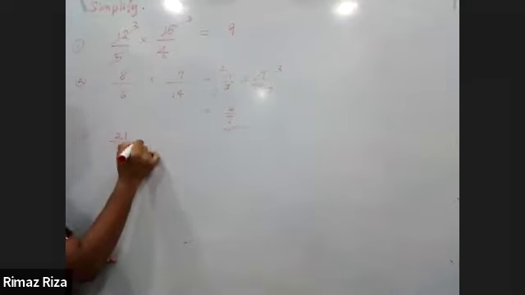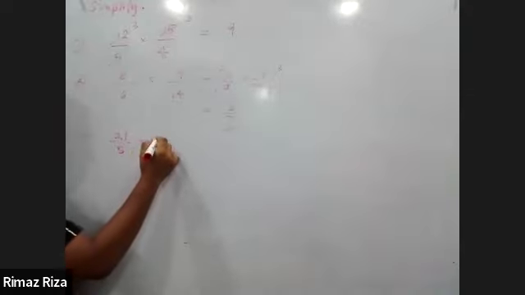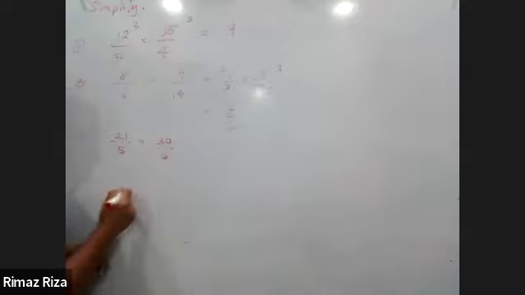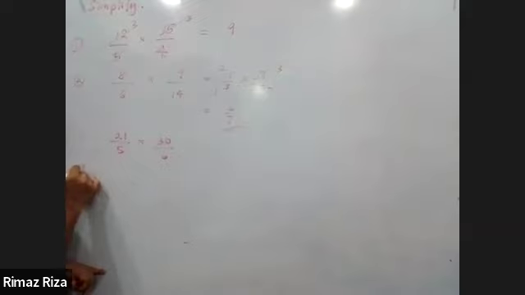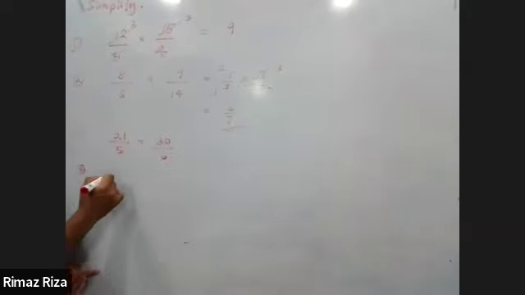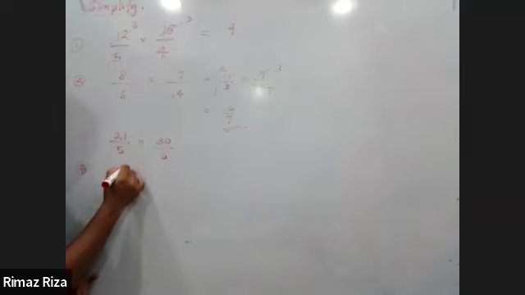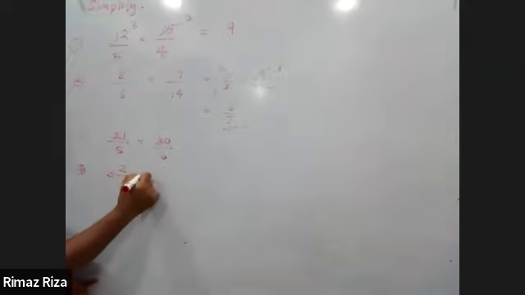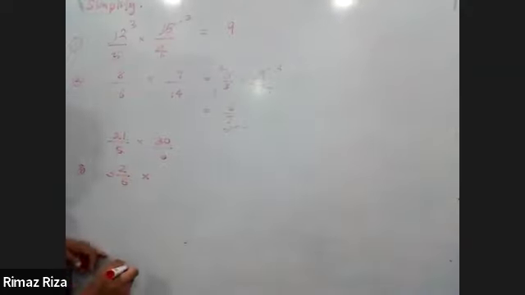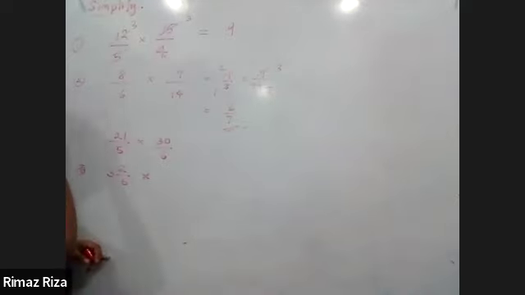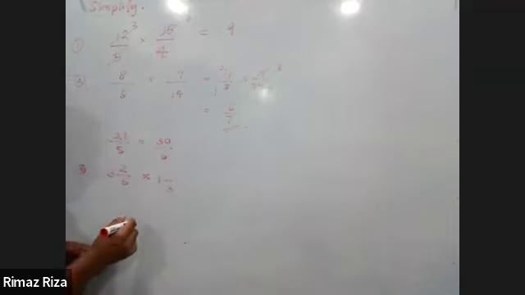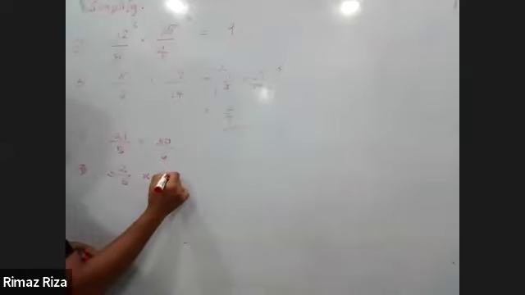21 over 5 multiplied by 30 over 6. Number 4, 3 and 2 over 5 is a mixed number, multiplied by 3, 1 over 2.